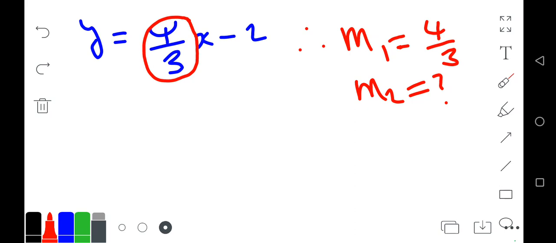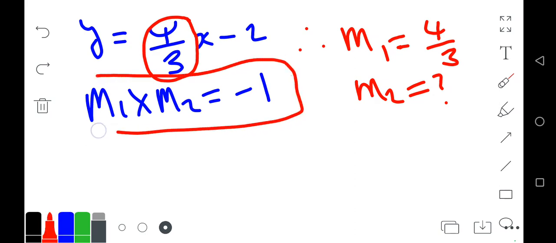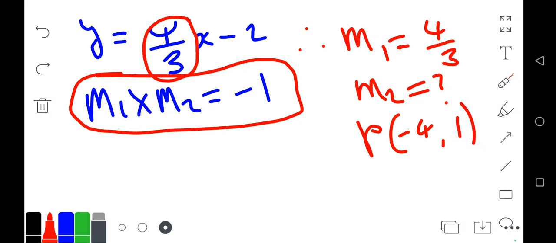So what you do is, the formula is gradient 1 multiplied by gradient 2 is always going to give you negative 1. We have also been told that the equation you're finding is passing through the point (-4, 1). So making m2 the subject, m2 is equal to negative 1 over m1.